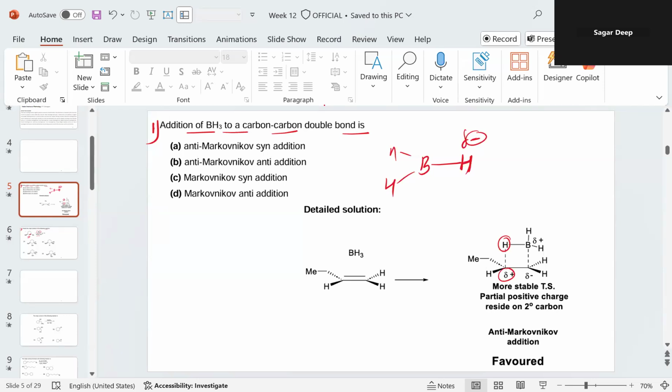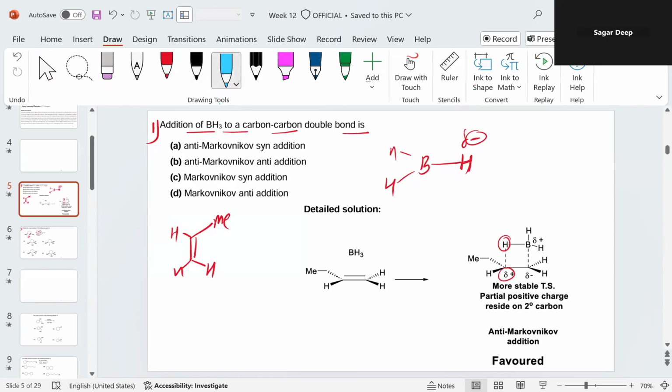Here we have an alkene with methyl substitution on one end, and the other end of the alkene has only two hydrogens. This is just a modified structure that I drew here. So across this double bond, the addition of BH3 takes place in this fashion.